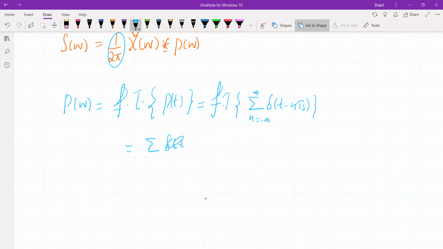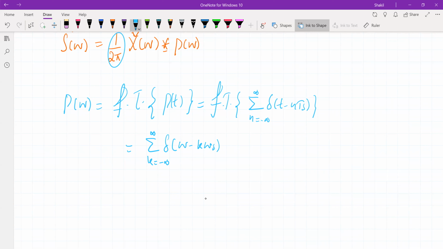So in the frequency domain, the representation of the impulse train is again an impulse train. I'm now using k to show that this is the frequency domain representation and the other is the time domain representation. k is running from minus infinity; you can use n also, there is no issue in that.